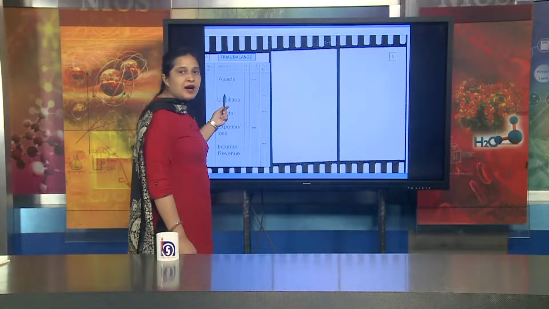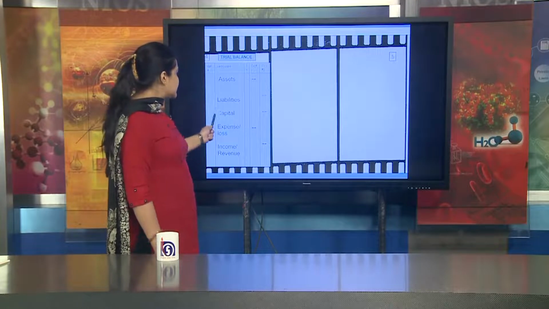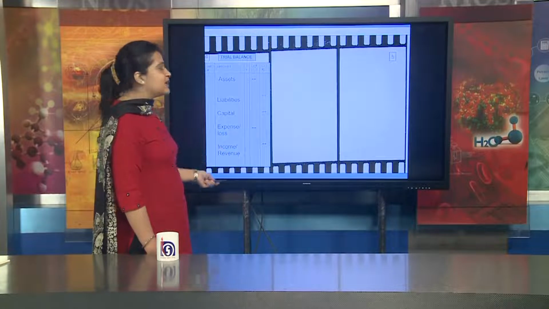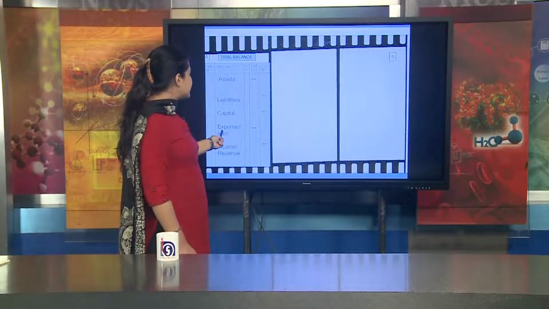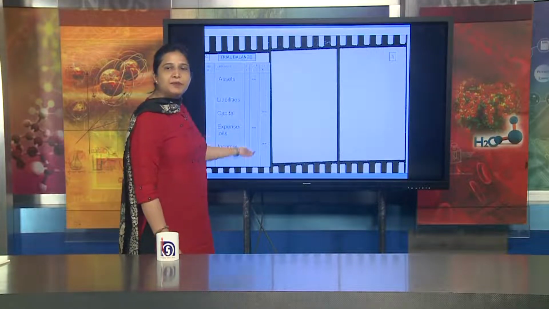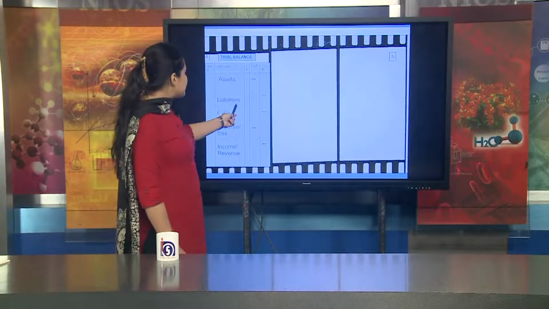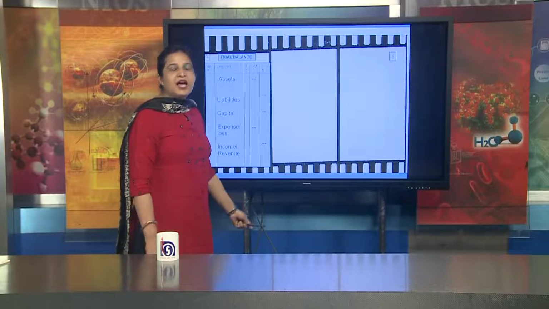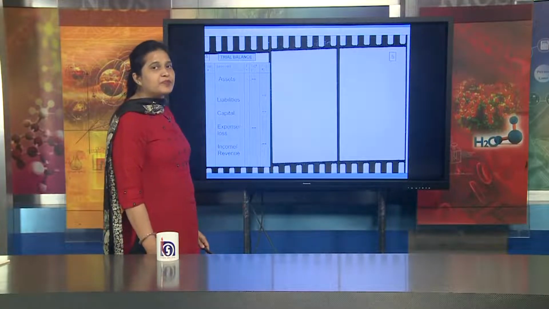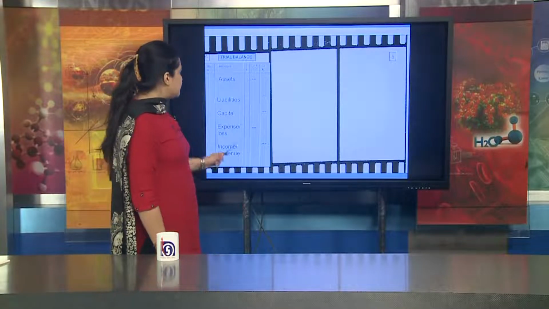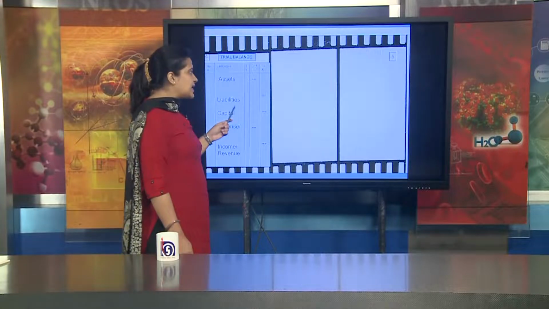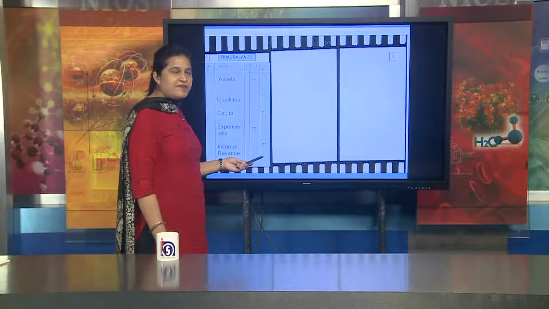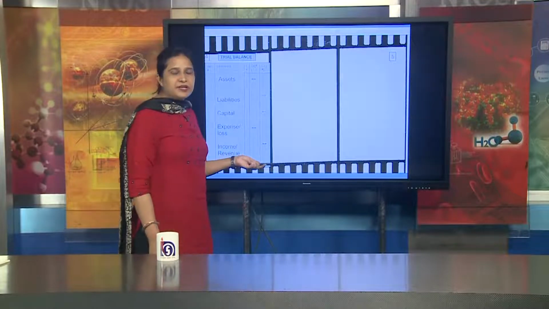So the 5 heads are assets, liabilities, capital, expense and income. Now you can see here that the assets and the expenses both have debit balances, while the liabilities, the capital and the income and revenue, all 3 have credit balances. So we can say that the assets and expenses we treat in the same way, and for the other 3 the treatment is the same.